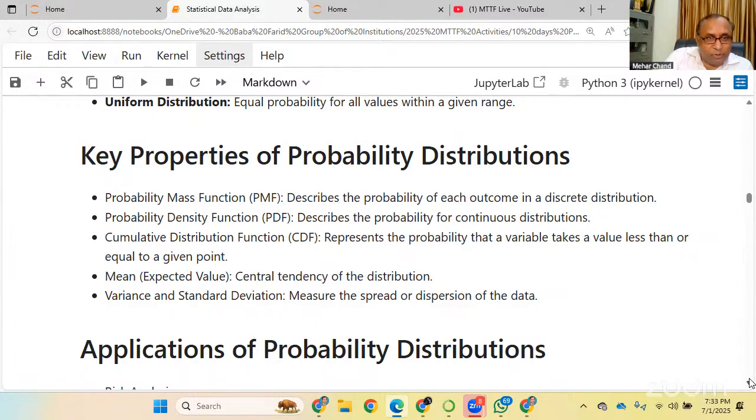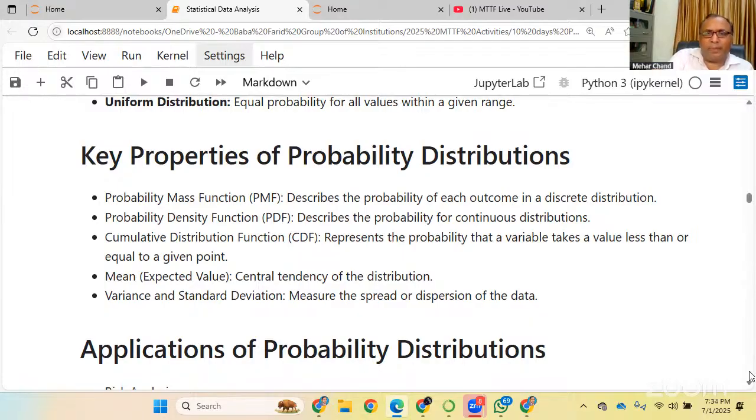Then the cumulative distribution function represents the probability that a variable takes a value less than or equal to a given point. Then we have the mean, or expected value, the central tendency of the distribution. The last two are variance and standard deviation, which measure the spread or dispersion of the data, how our data is separated. These are a few key properties.